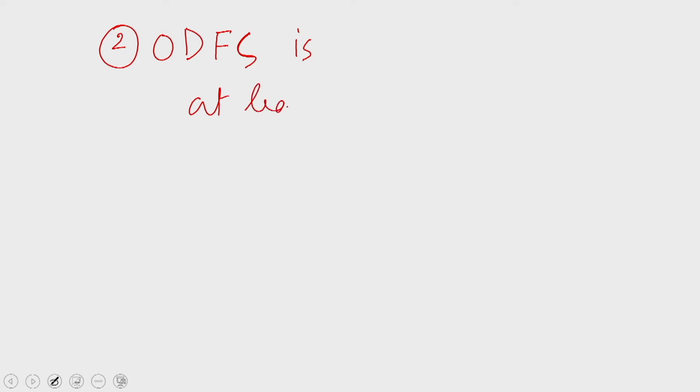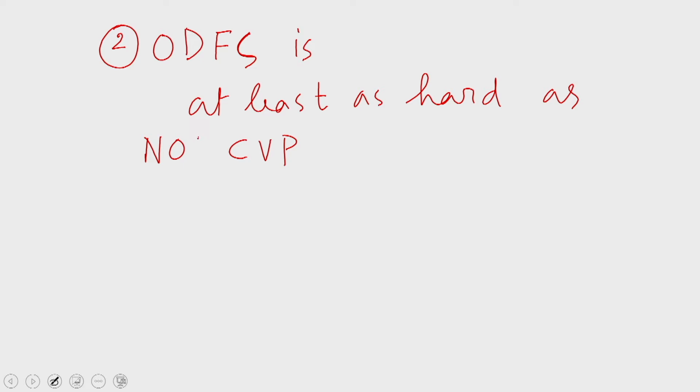The second part of the proof involves saying that ODFS is at least as hard as CVP. In fact, we shall consider a variant of CVP. We shall consider what is called NOR CVP.